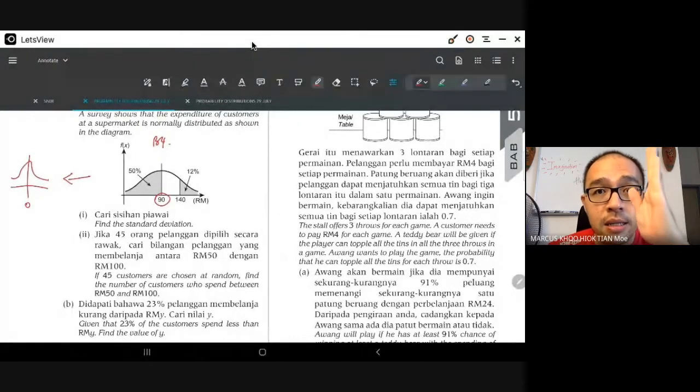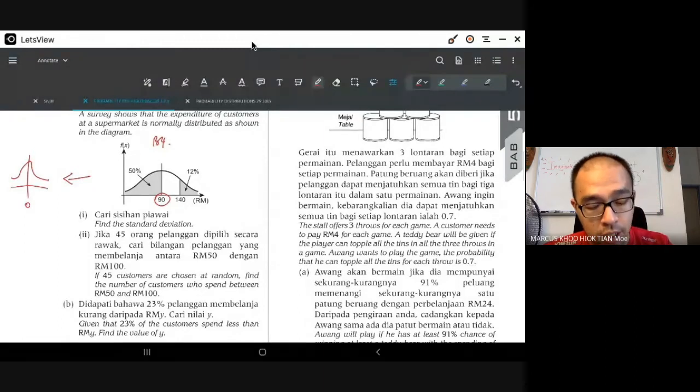Before standardized, we find there's this information over here. The highest point in a normal distribution is the mean. So what they are not telling you directly, but they're telling you from the graph, which you have to understand, is that the mean is actually 90. Secondly, anything less than 90 is 50%. This one we know. But there's this interesting thing over here.